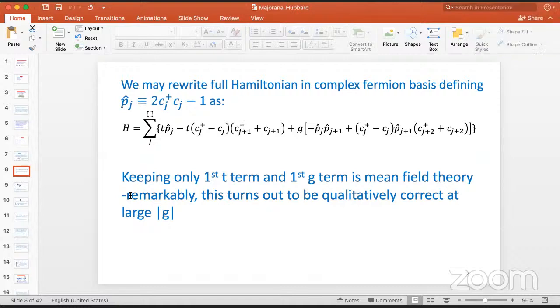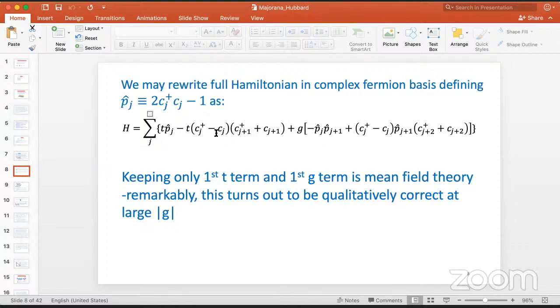Okay, good. So we can write the full Hamiltonian in the complex fermion basis. We define Pj hat to be twice C dagger j Cj minus 1. So here's the Hamiltonian. The first 2 terms are kind of trivial. The next terms, t times Pj is simple, and g times minus Pj+1 is simple.